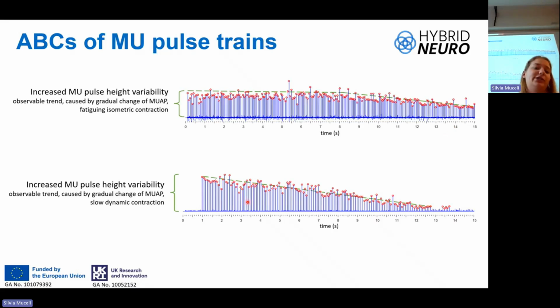In dynamic contraction, the same thing happens, but not because of fatigue, but because the muscle is shortening. So shortening also influences the MUAP shape. And here we can see that the MUAP shape was changing almost uniformly through the whole signal.